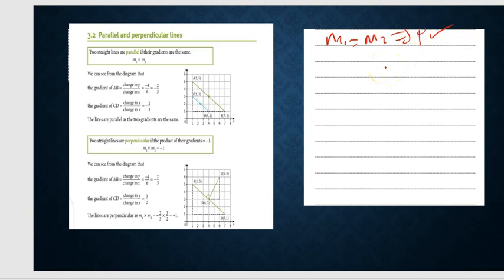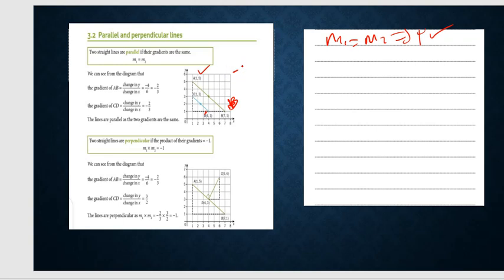We can see from this particular diagram that the gradient of AB, -4 by 6, is -2/3. And then we can as well check the gradient of the line CD.